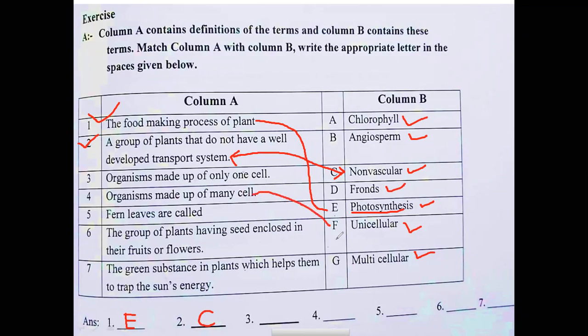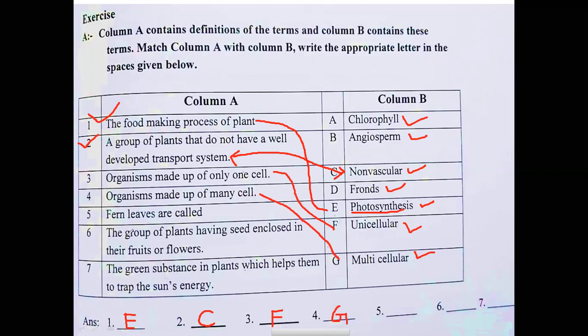Unicellular. Those that are made up of one cell are called unicellular. F. Number three's answer is F. Number 4 is organisms made up of many cells called multicellular. G. Number 4 is G.